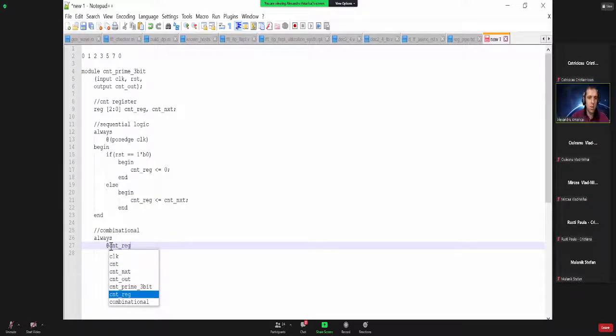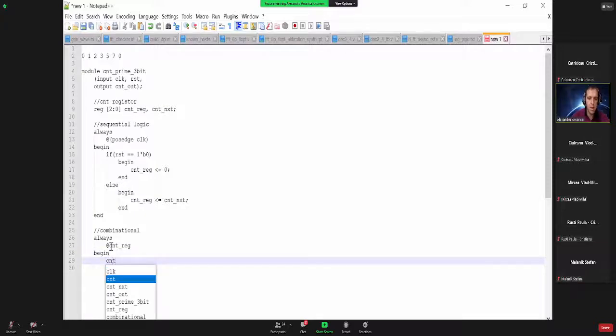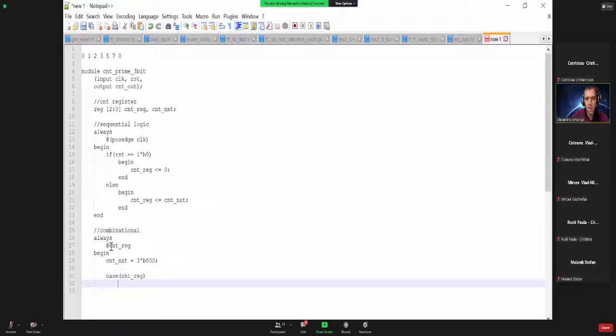So count, or is it count reg? Okay, as I told you, I'm going to use initialization because here, in the case of count reg, okay, so 3b, which is the value for count next? 5.